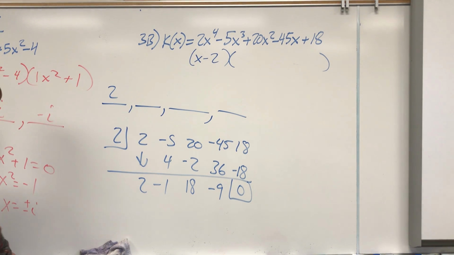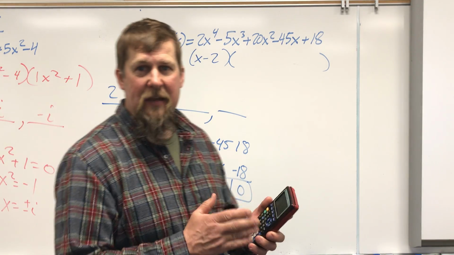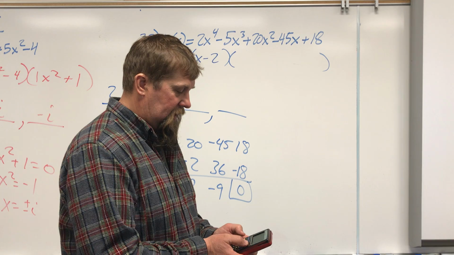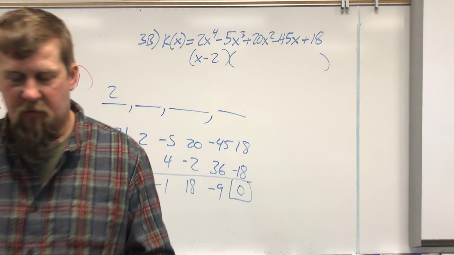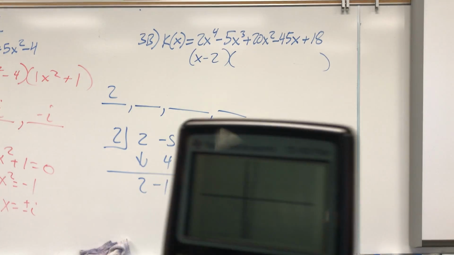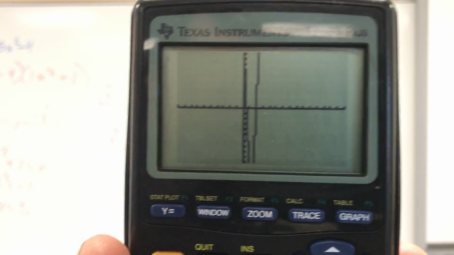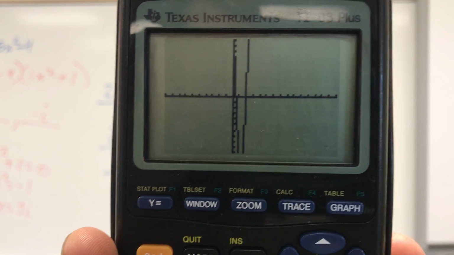Now, if I scroll up and down on my table, I do not see any other zeros. So then I go to my graph. And my graph, if you can identify your graph, it looks like between 0 and 1 is a 0.